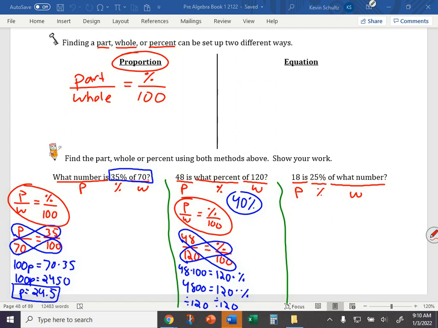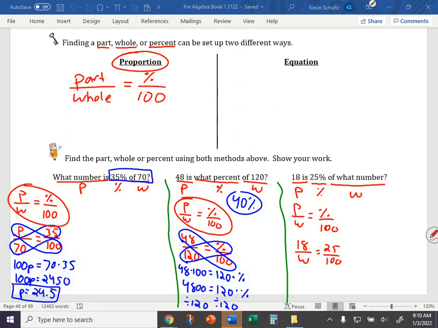Okay? So going into our formula, which is P over W equals percent over 100, we know what the part is. That's 18. In this case, we're solving for W. So we kind of picked the pattern here, right? The first one we're solving for P, next one percent, now W. But 18 out of something is equal to 25 over 100.